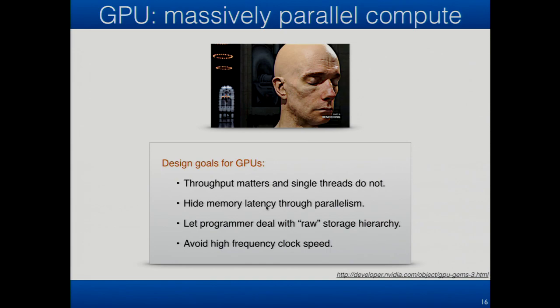So if you've got thousands and thousands of threads, you may be executing 500 of them at any given time. The ones that are stalled because the data hasn't arrived from the main memory, fine. We'll just let them stall. Okay? So we're going to hide latency by just massive parallelism.